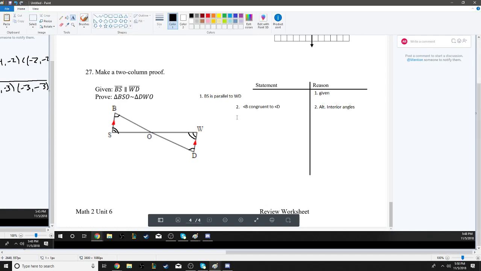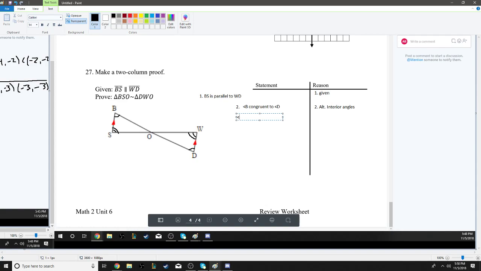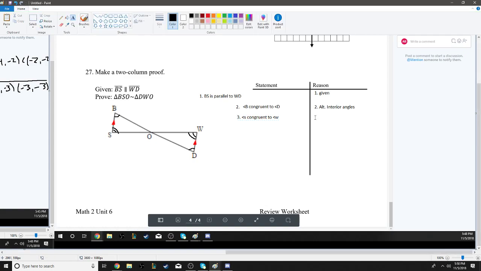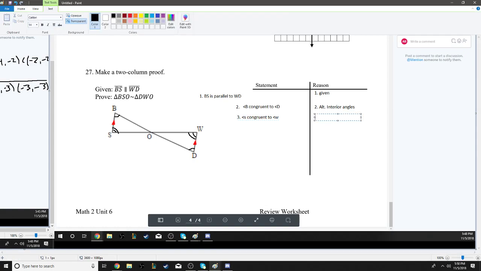And you can say that angle S is congruent to angle W. And that's also by alternate interior angles.